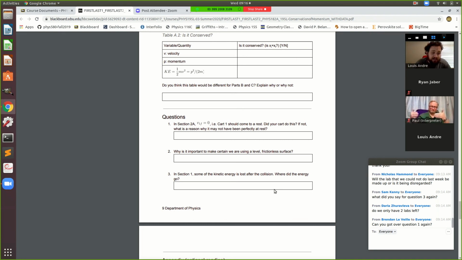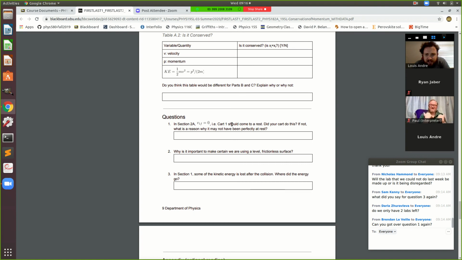And that was what you had in the last lab. In the last lab, you had a perfect exchange of momentum with those graphs that went up and down at the same time, right? In one of those experiments, the cart was moving, the one was stationary, it hit the stationary one, which started moving, and the one that was moving stopped. That would be if the carts were the same mass.